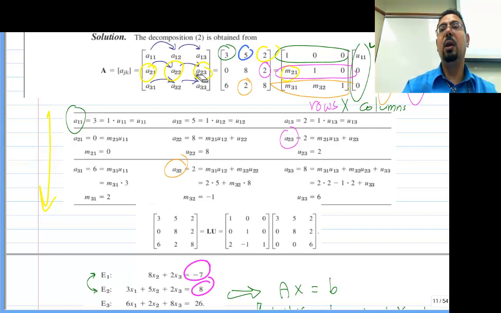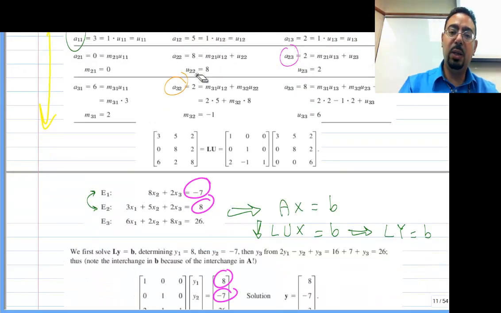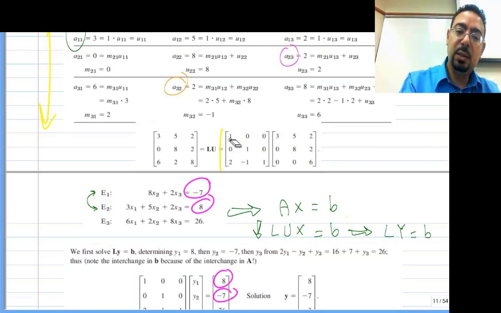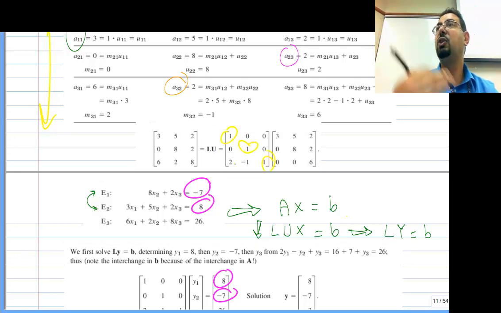And so he ends up with, here is his lower and here is upper. And again, the lower matrix had 1, 1, 1 on the diagonal by choice. We picked those numbers to be 1.